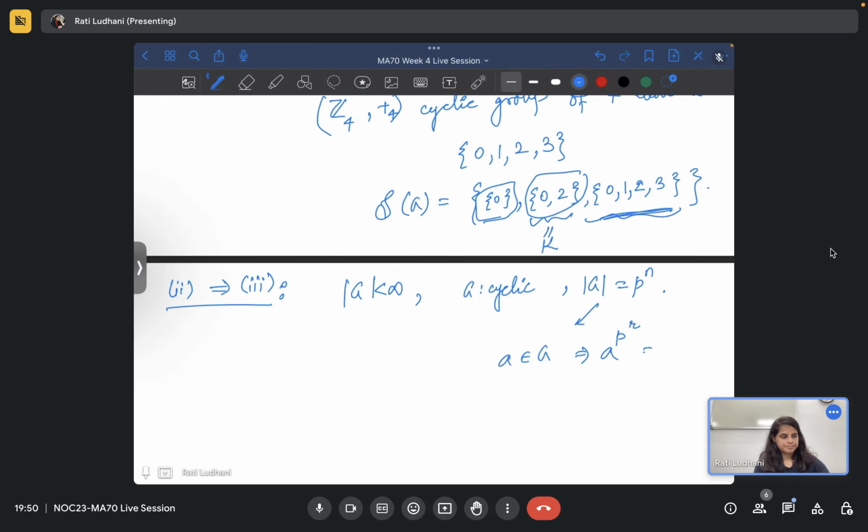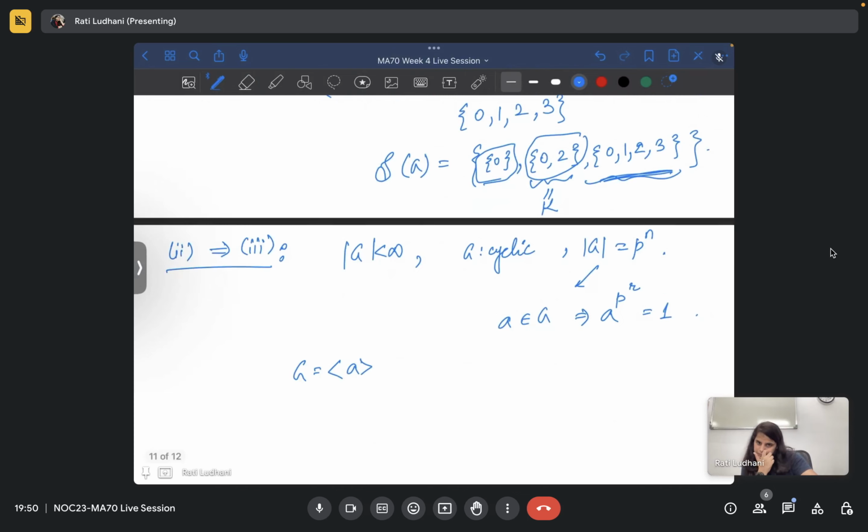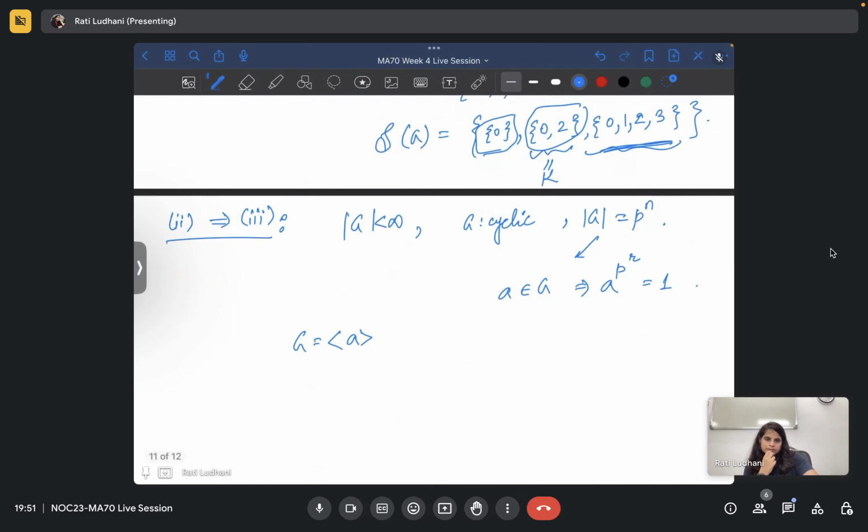Alternatively, since G is cyclic, I can say it is generated by A, and the order of A is going to be p raised to n.